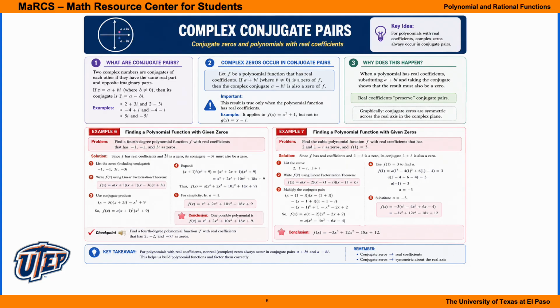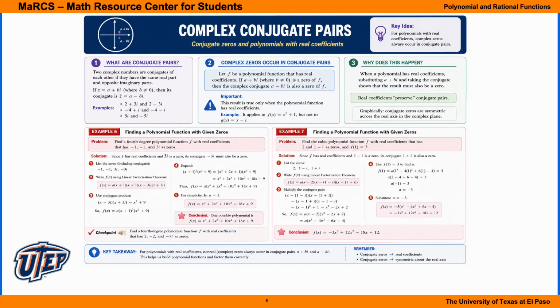So now we can write f of x using the linear factorization theorem. So f of x will be equal to some constant a times x plus 1 times x plus 1 times x minus 3i times x plus 3i. So now we can use the conjugate product and multiply the x minus 3i times the x plus 3i, and that results in x squared plus 9.